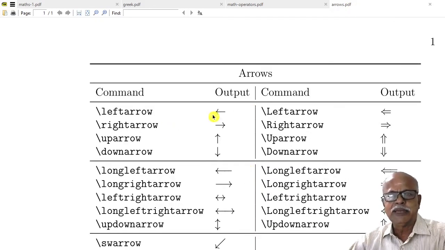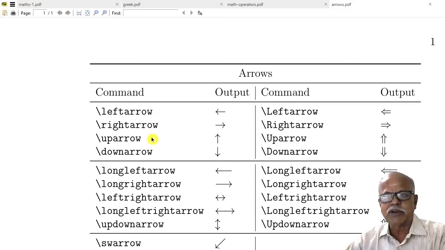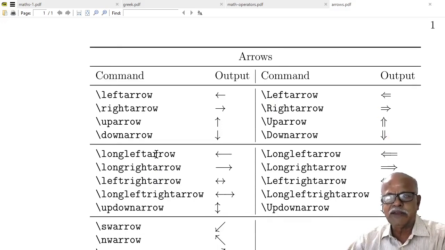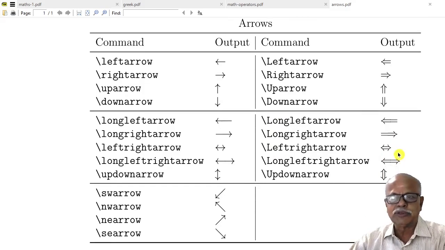They are self-explanatory. Left arrow, right arrow, up arrow, down arrow. If the first character is in capital letter, then you will have a double arrow. Left arrow, right arrow, up arrow, down arrow. Other variations, long left arrow, long right arrow, etc. are also available. As before, if the first letter is in capital letter, you have them as double arrows.